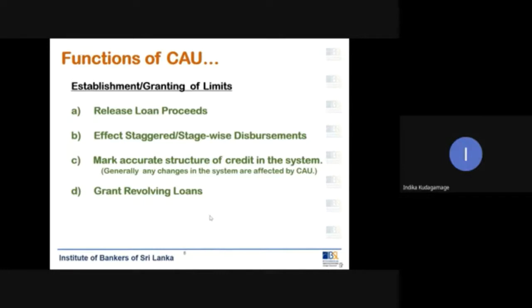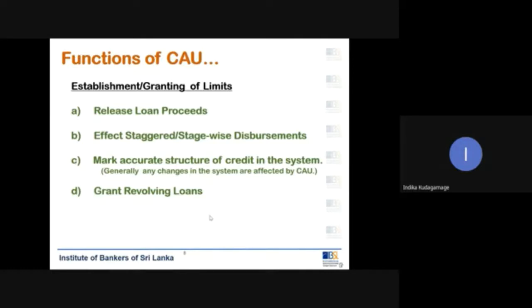So it has to be properly replicated in the system. Instead of quarterly repayment, if we input it as a monthly repayment, it is a problem. So you need to make an accurate structure of the credit in the system. That is the first part.